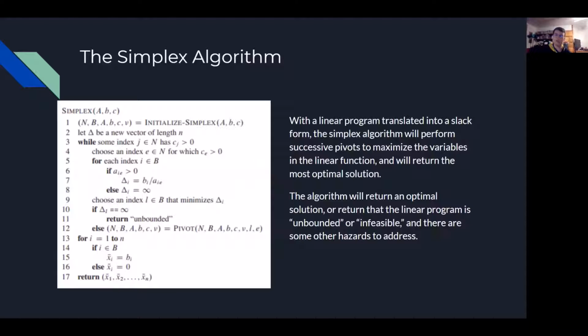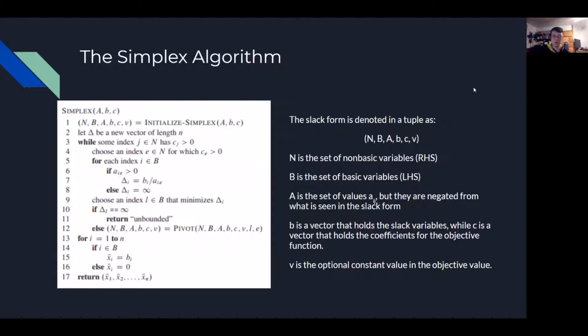For the input, it can just take a standard form because at the first line, we will generate a slack form for it. And if it doesn't find an optimal solution, it can end up returning the statement unbounded or infeasible as well. We will cover that in some other issues as we go.